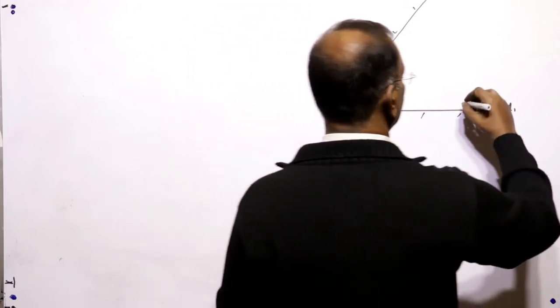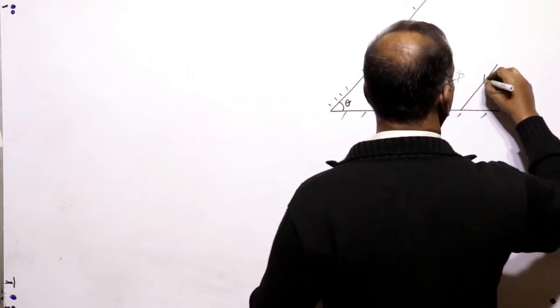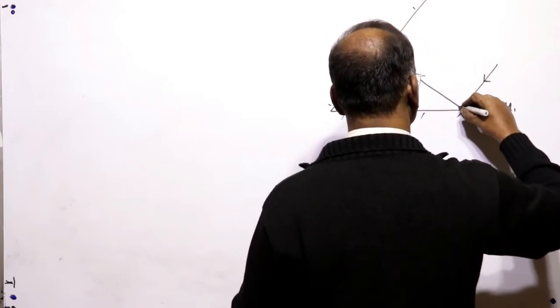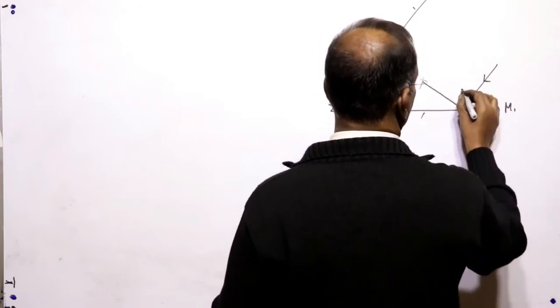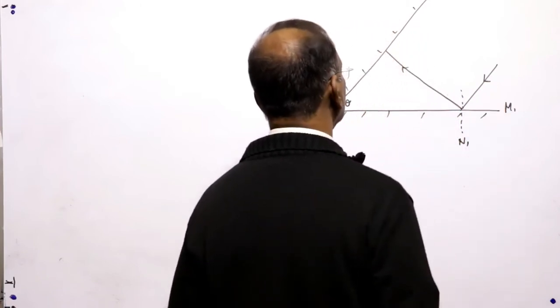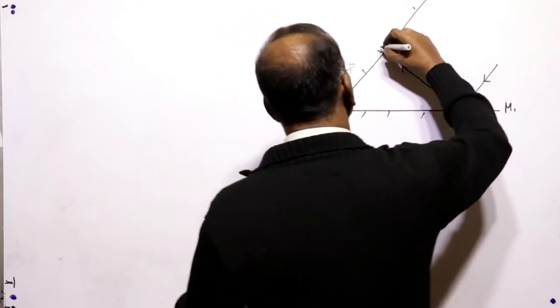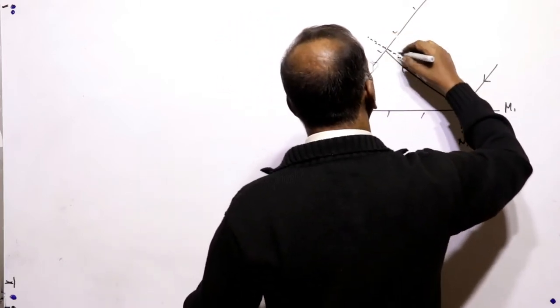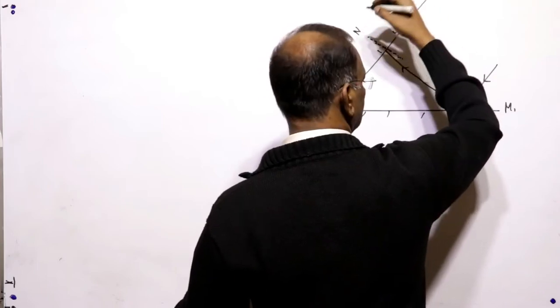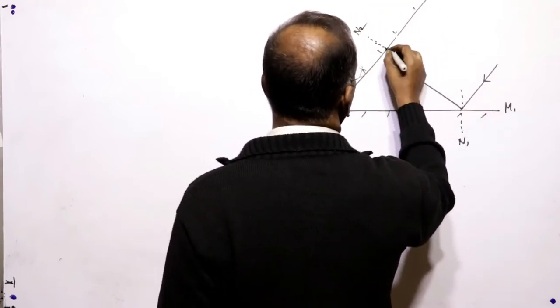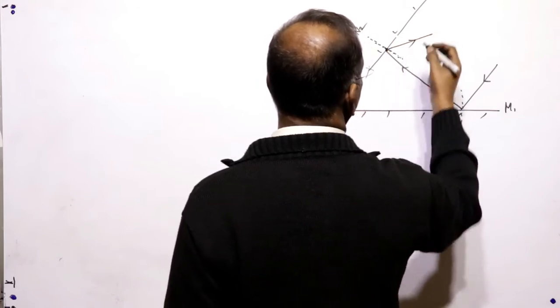Let a ray come from this way, and after reflection it will go like this. And this is the normal. After reflecting from this portion, this is the normal. We call it normal 2. Then with respect to this there will be a reflected ray like this.